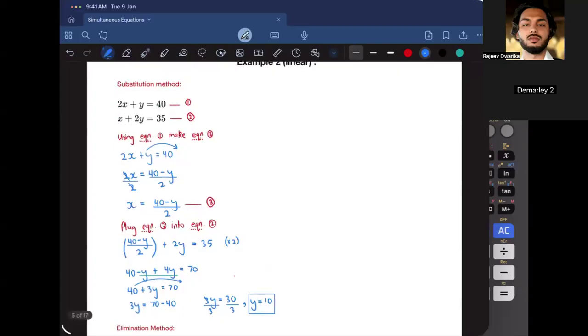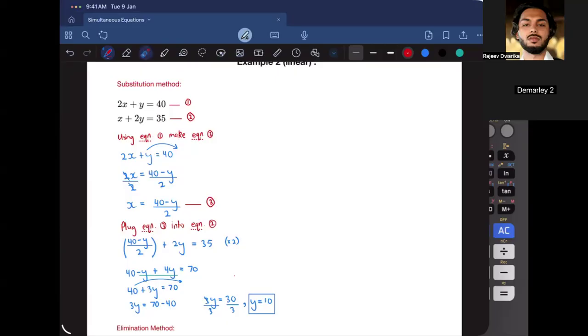We want to find for x. You check to see if it satisfies the equations once you have x and y, but we don't have x just yet. So which equation am I going to use to find for x? Which equation is telling us what x is equal to? Equation 3.